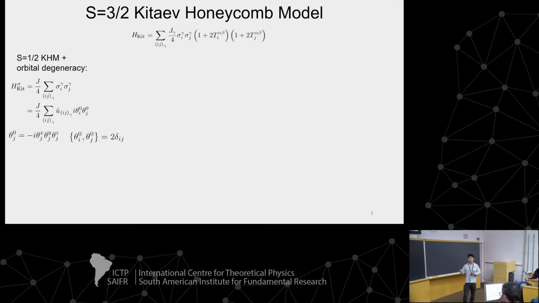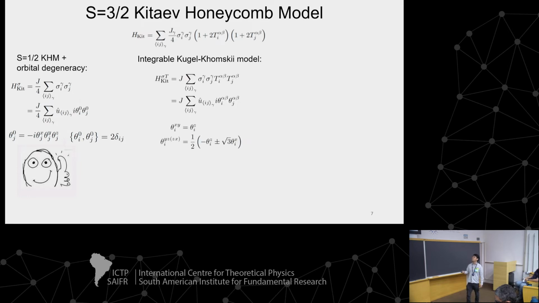But since it still obeys the algebra for the Majorana fermions, it's still integrable. You will know how to deal with this exactly. This integrable Kugel-Khomskii model, a model with spin orbital interactions, is even simpler. We just plug into the SL6 Majorana representation I showed before directly, and you will get exactly the same Z2 gauge variable and a free fermion problem. So, good, you know how to solve this.